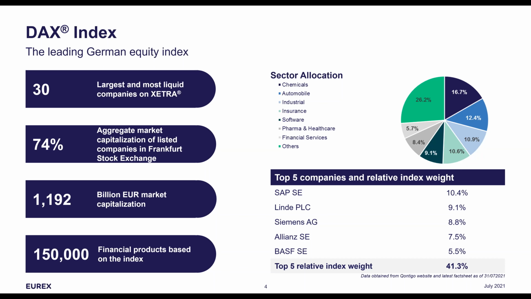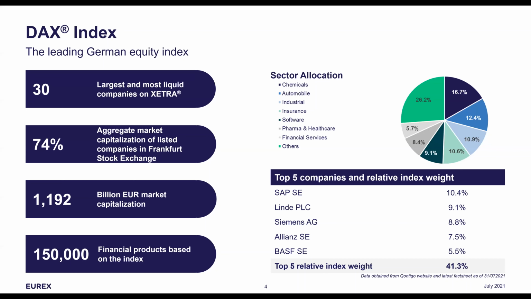So the DAX index itself is a pretty diversified portfolio. So we have all kinds of sectors in the DAX index itself. So we have chemicals, we have industrials, we have insurance, we have software, we have pharma and healthcare. So the index itself, it's not only about car makers, it's all about German engineering and all about German companies.